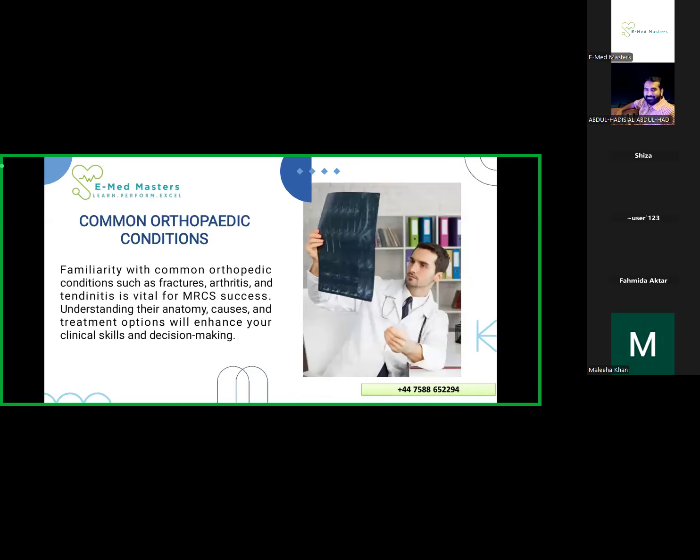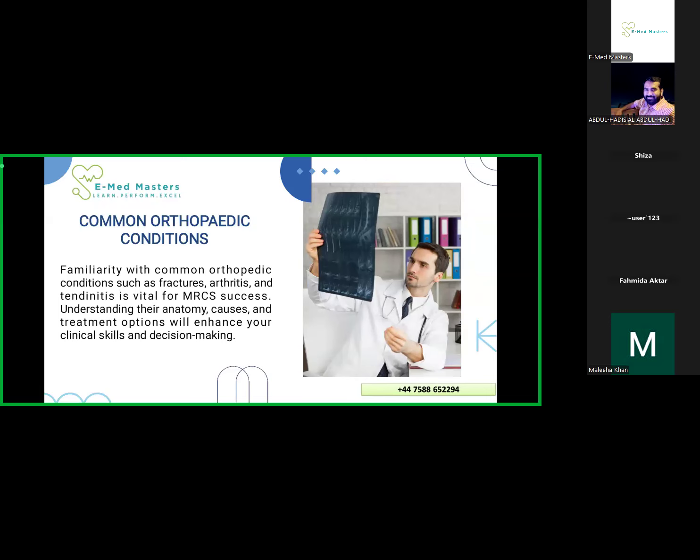For common orthopedic conditions, you have to familiarize yourself with the common orthopedic fractures, common dislocations of the joints and their implications, the joints having more chances of instability, and the bones having more chances of non-union.